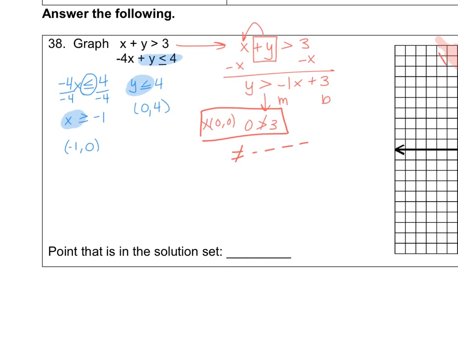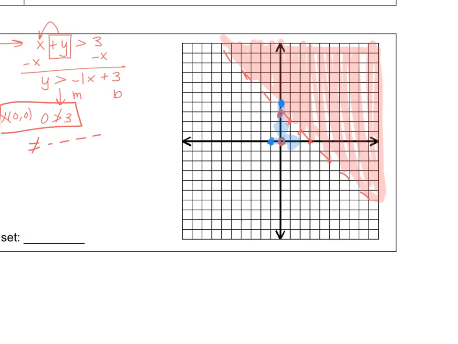That sign is less than or equal to, so it is going to be equal, which means we're going to have a solid line. So I'm going to draw a solid line that connects these points all the way through. And then it shades towards both.